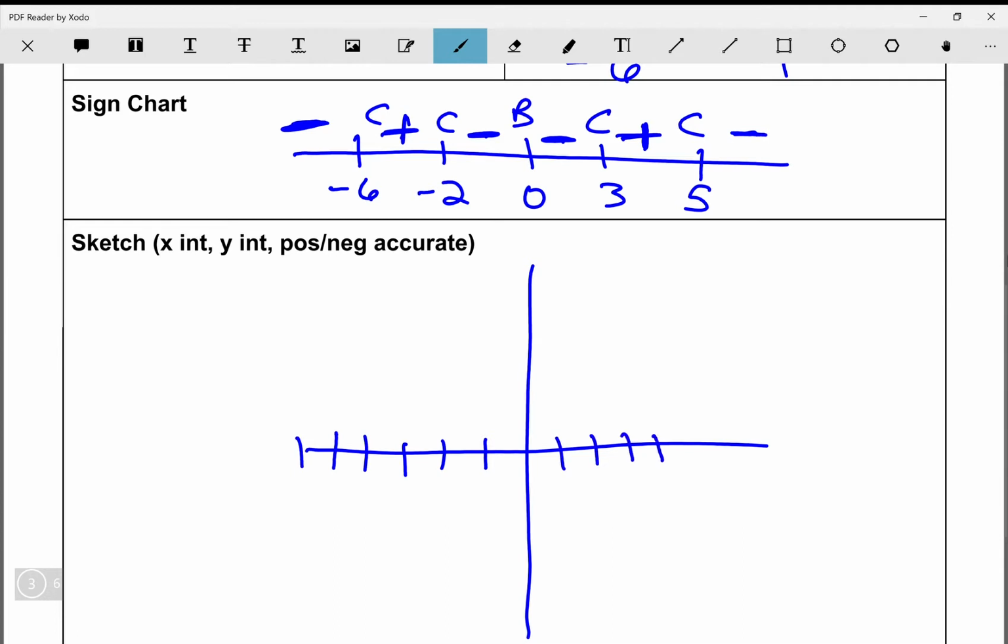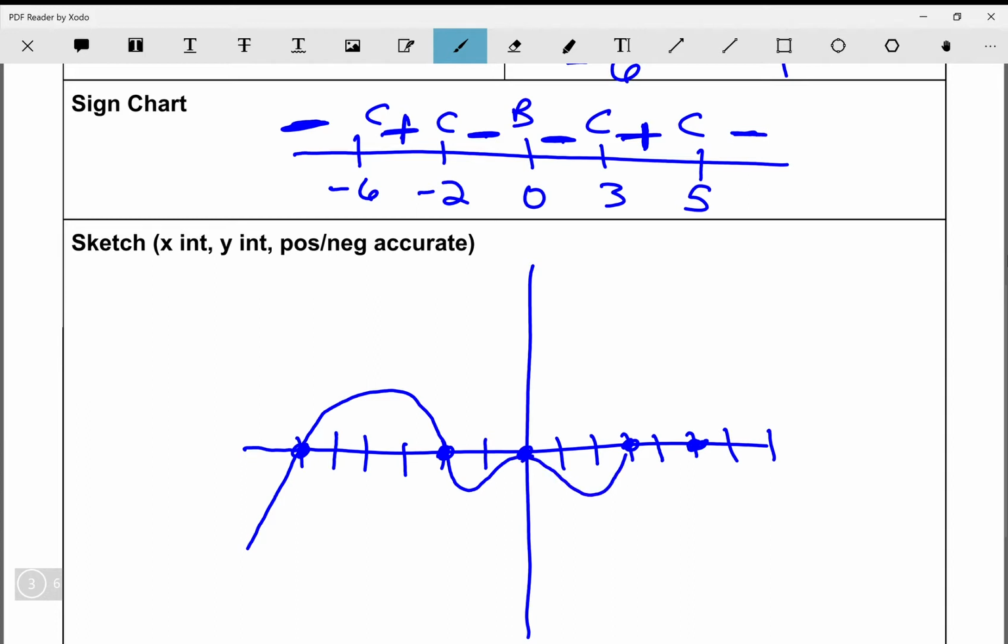Attempt to make a nice little scale, unlike me. So I'm going to plot my X-intercepts. So I have negative 6, negative 2, 0, 3, and 5. So I start negative and I'm going to cross. I'm going to cross again at negative 2. I'm going to bounce at 0.